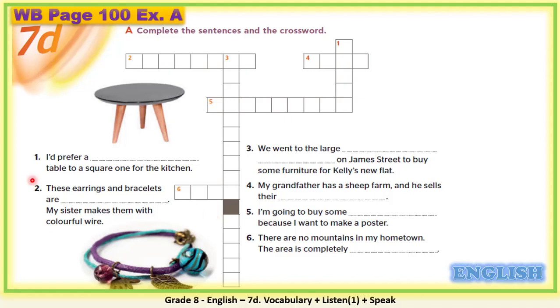Number 1, can you read number 1? I'd prefer a round table to a square one for the kitchen. What do you think? Round. Great. Number 2, these earrings and bracelets are handmade. My sister makes them with colorful wire. Handmade. Great.